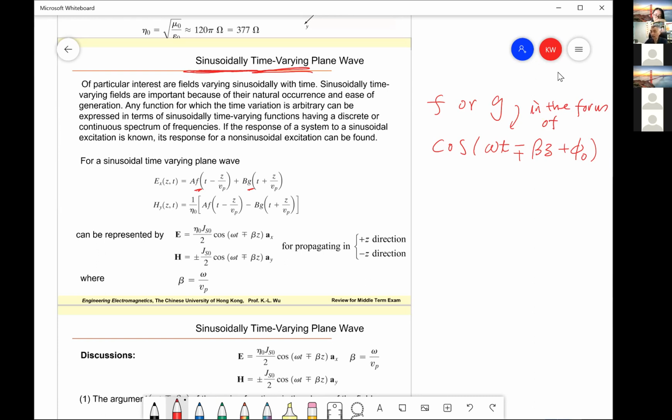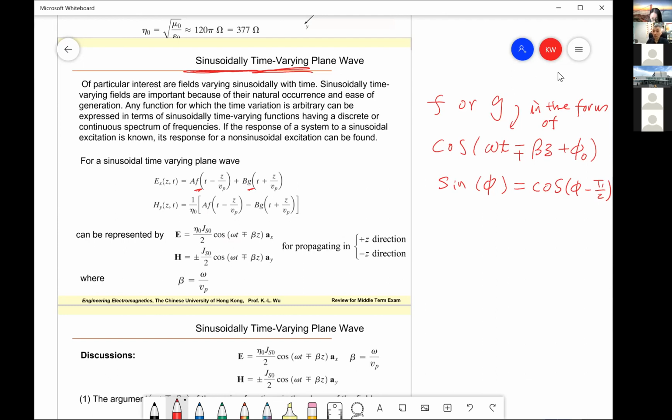And of course, sine is also a cosine. If this is sine phi, we can always write it as cosine of phi minus pi over 2. So if I write it as sine, it's the same as cosine. The only difference is that I have to add another phase offset.